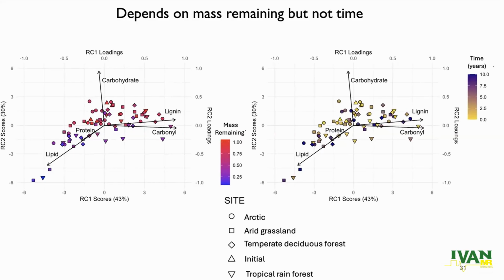So it makes more sense to think about what this stuff turns into as a function of how decomposed it is rather than how long it has been out in the environment. And that's largely due to the fact that we used such different environments to decompose them in, from the Arctic down to the tropics.